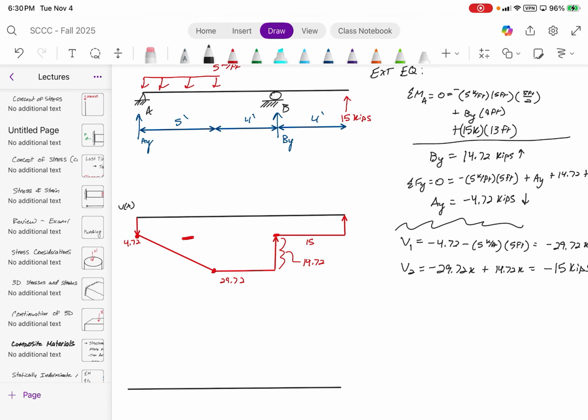What do you get for BY? For BY, I have the same number, it's just I have it negative. You're right.